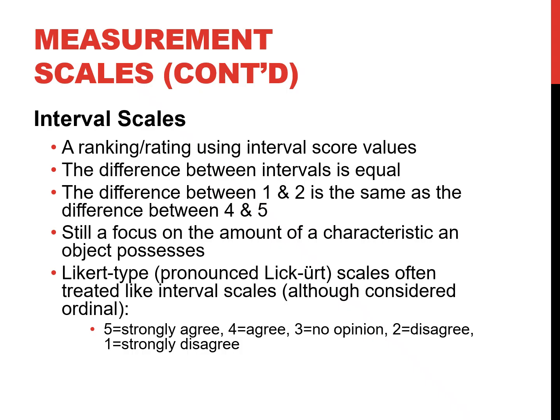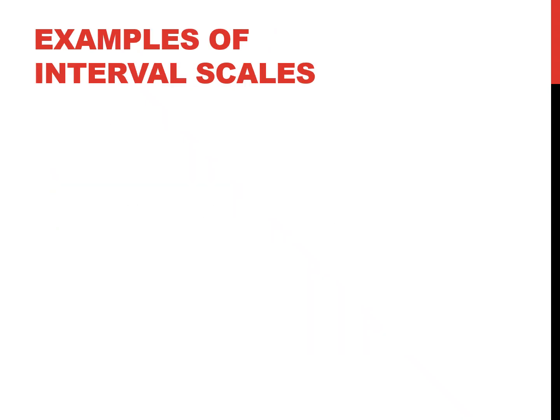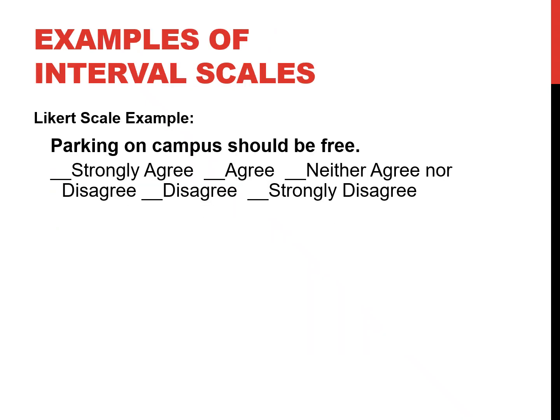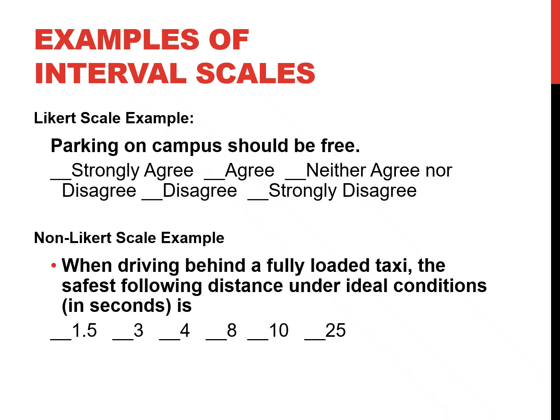In terms of computer language, or SPSS, it's important that strongly agree is coded 5. Some examples show the difference between a Likert type example and a non-Likert type example.